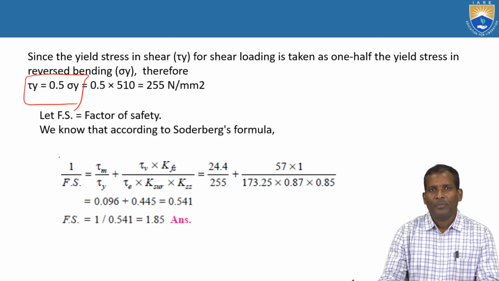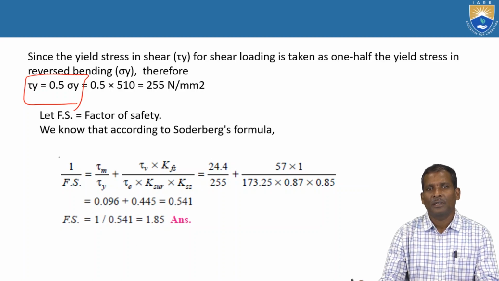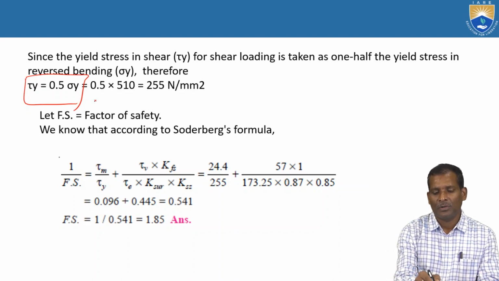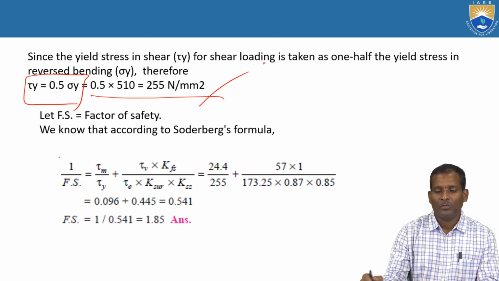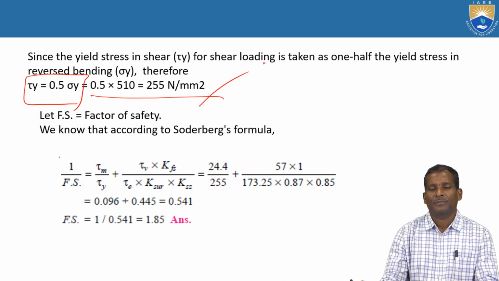Now calculate this shear loading value: tau y is equal to 0.5 multiplied with 510. So you will get 255 Newton per mm square.